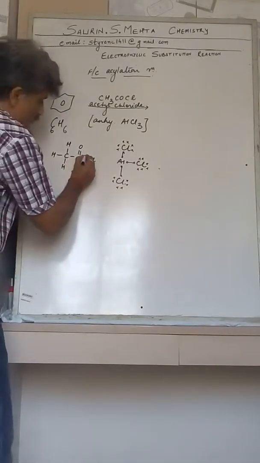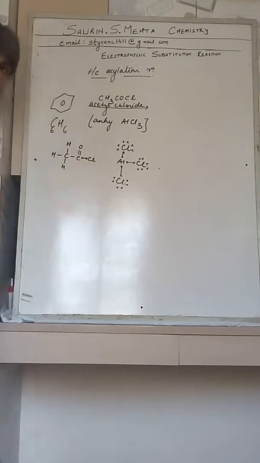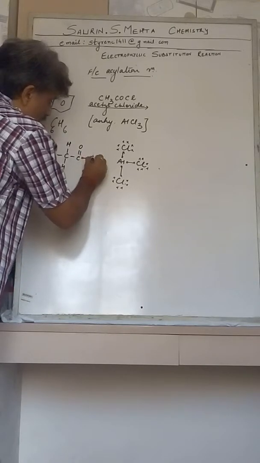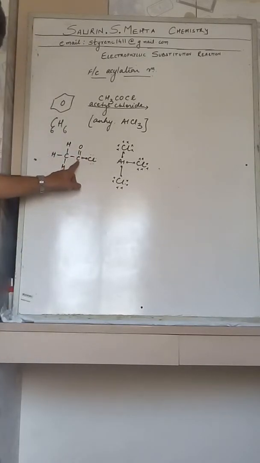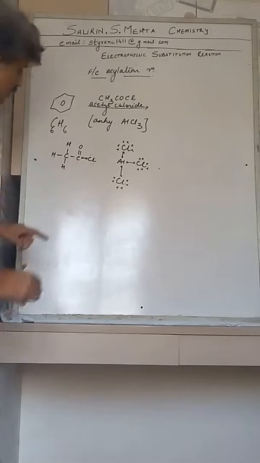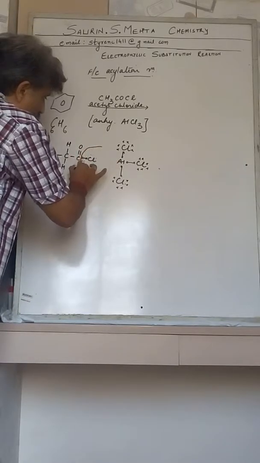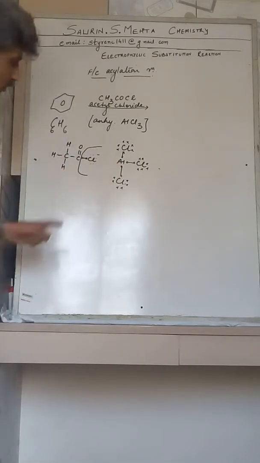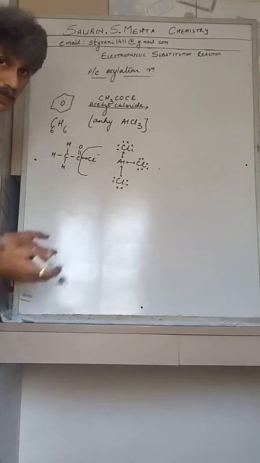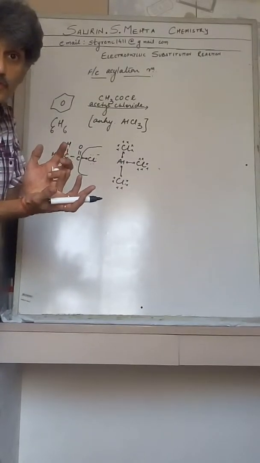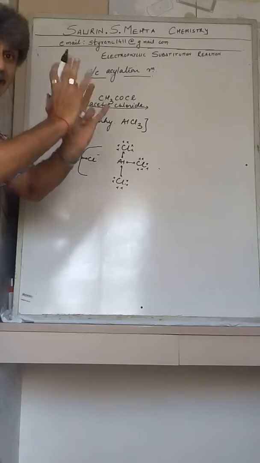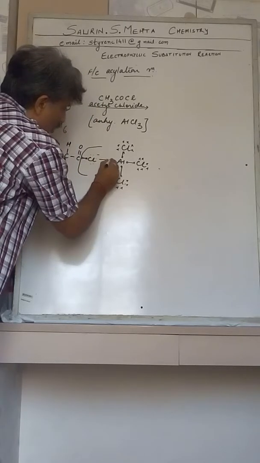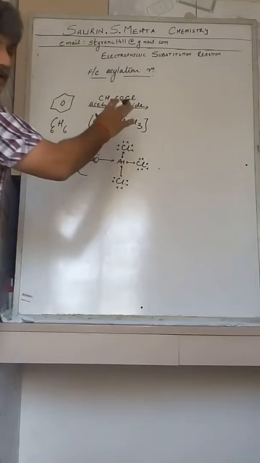Now you know chlorine is more electronegative than carbon, and so chlorine will be pulling away the electron of carbon to which it is shared, and that Cl now with a minus sign will get attracted to Al because it has got one electron extra, 7 plus 1 of carbon, 8, and so it will form a coordinate covalent bond with the aluminium.